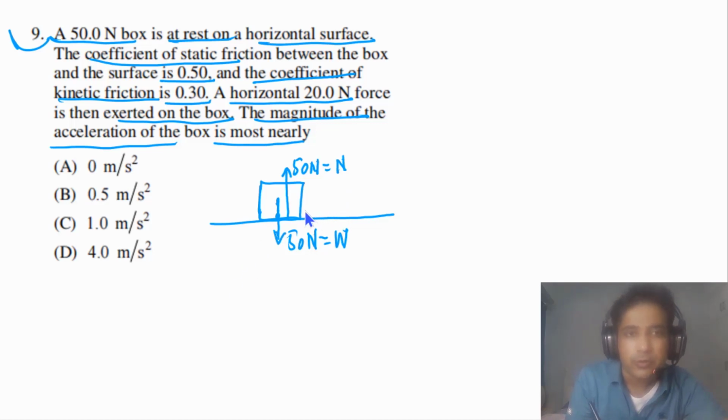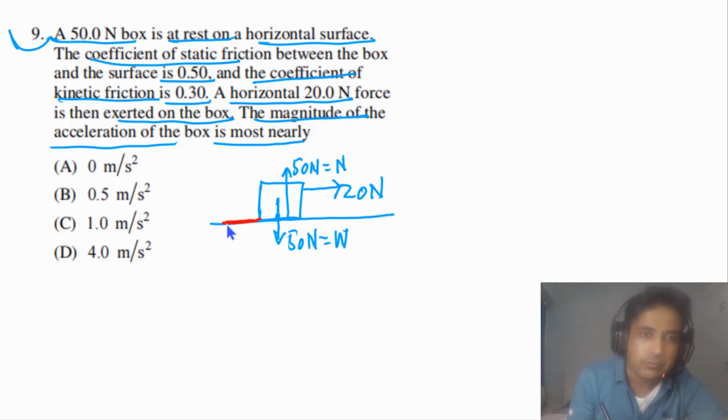So first of all, we can find out whether the block is moving or not. It is given that the force acting on this box to the right is 20 newtons. Now we can find the maximum force, meaning the limiting value of static friction.